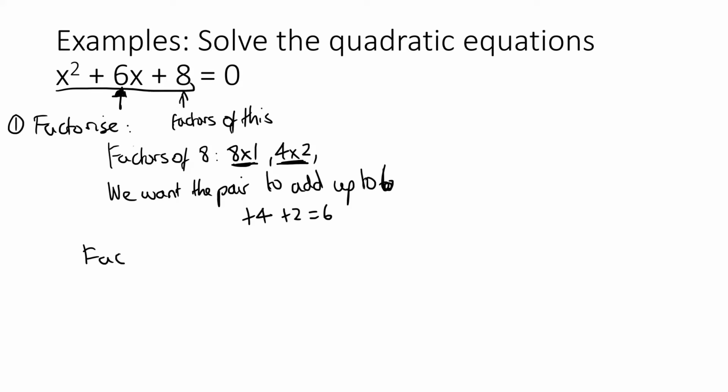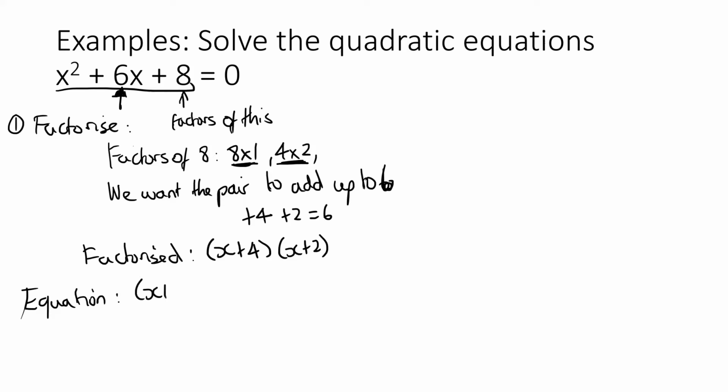So the factorized form would just be x plus 4, x plus 2. Okay, so your equation now is x plus 4, x plus 2 is equal to 0.